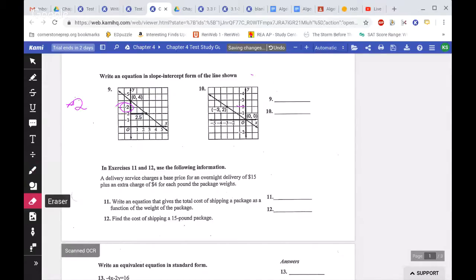It's not a negative. I'm thinking about it going down 1, and it's really going up. No, I'm right. And yeah, I was right. It is negative.